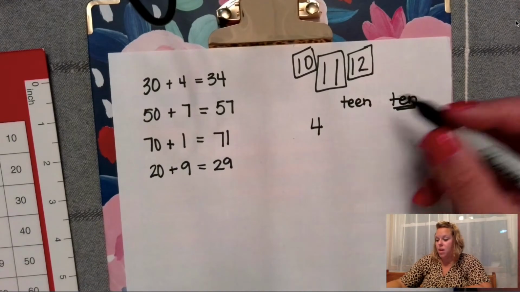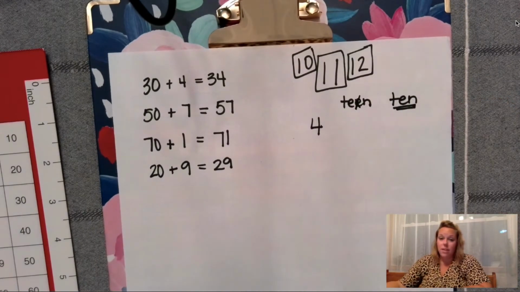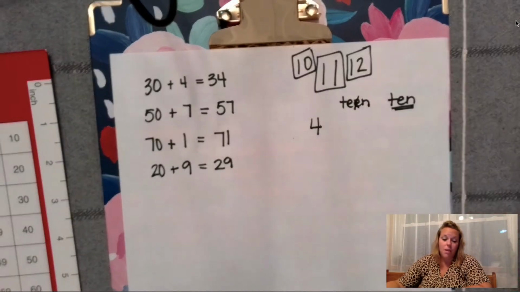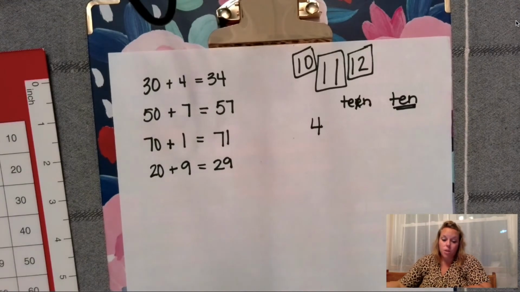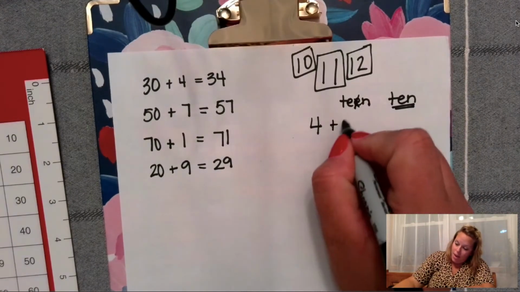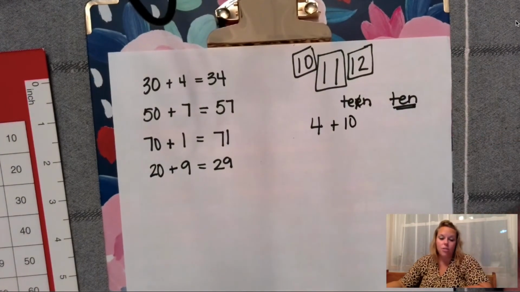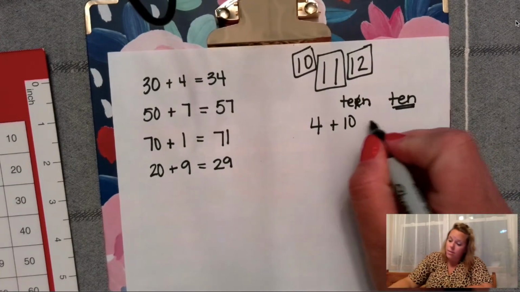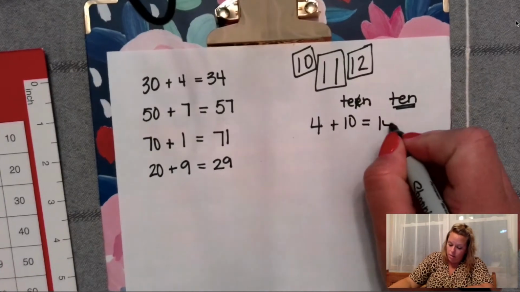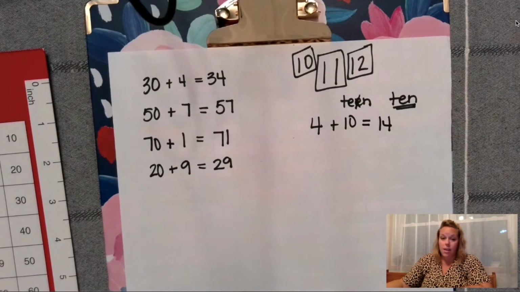So when I get rid of one of these E's in teen, it gives me 10. So if I have plus 10 next to it, what is 4 plus 10? 4 plus 10 would give me 14. 1, 4, 14. Okay?